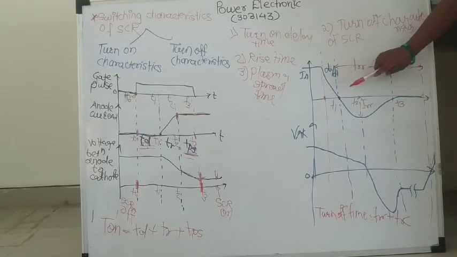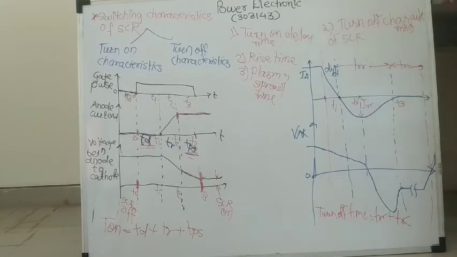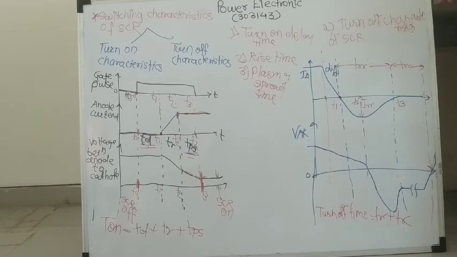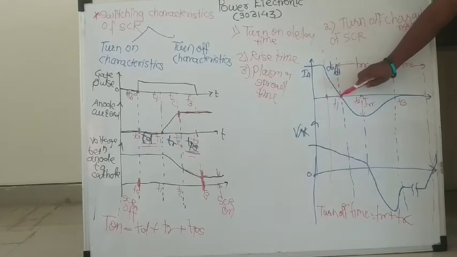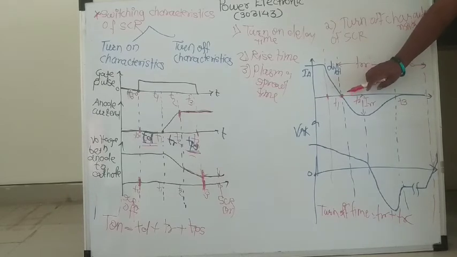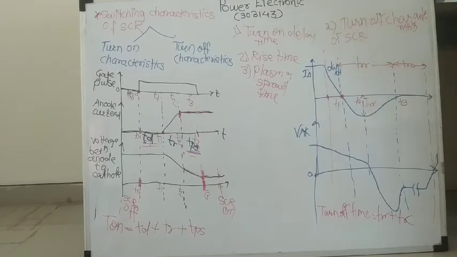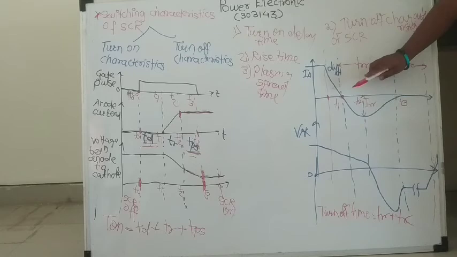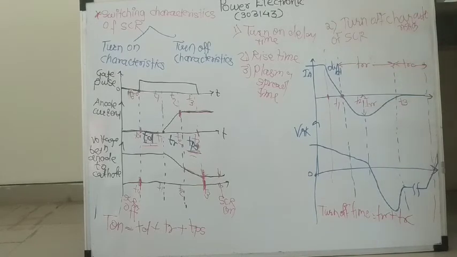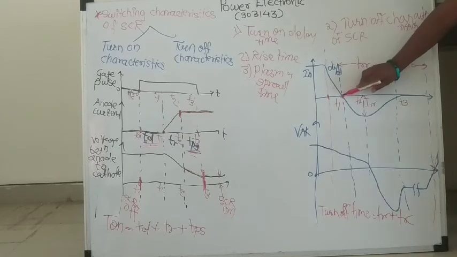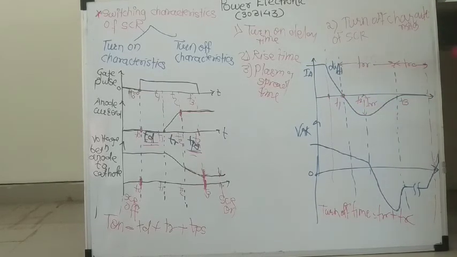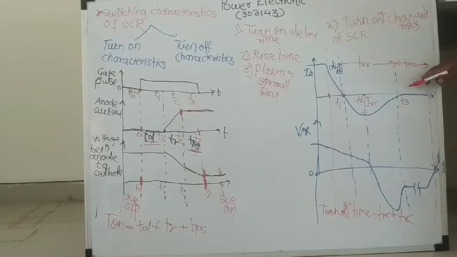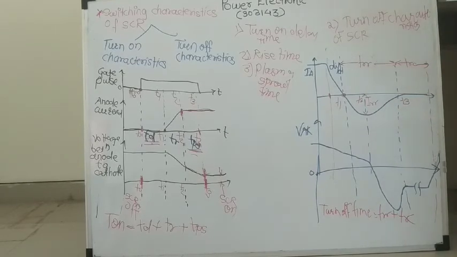Because when your electron hole pairs recover, after this 0, the electron hole pairs may increase and it may increase your anode current. To avoid this, it is necessary for the charge to become equal to 0. Hence, first of all it goes to the negative side, and when your total charge is removed, at that time it again goes to the 0 level.